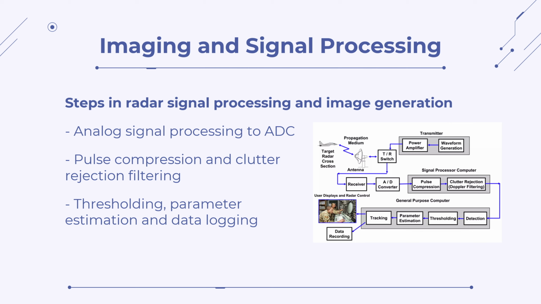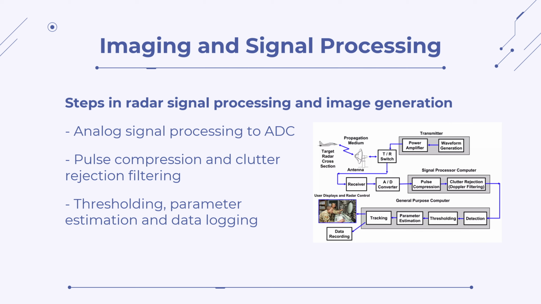That is then passed into a signal processing computer, which starts with pulse compression that is done by modulating the transmit pulse and cross-correlating it to the received and transmitted signals.